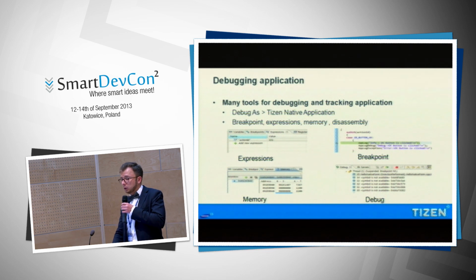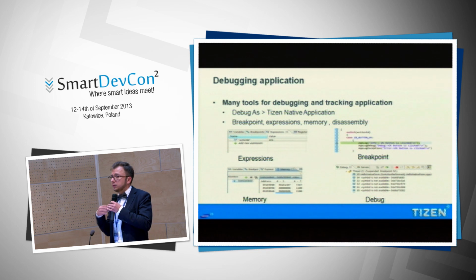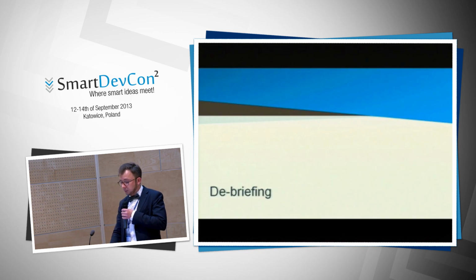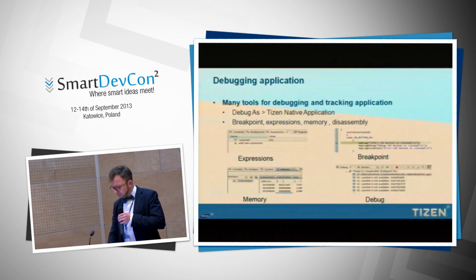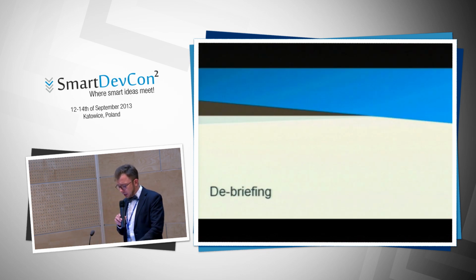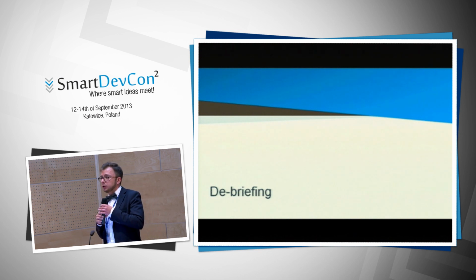You can profile your project, check where the bottlenecks in your application are, and make it work faster. And one more thing, because I didn't mention it: when you are developing a web application, there is also a debugger available.